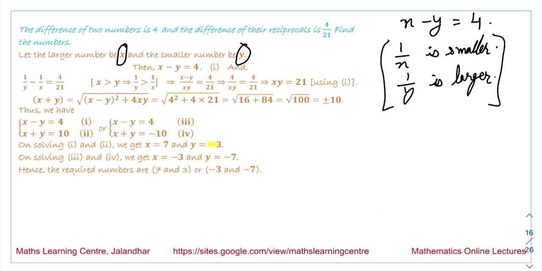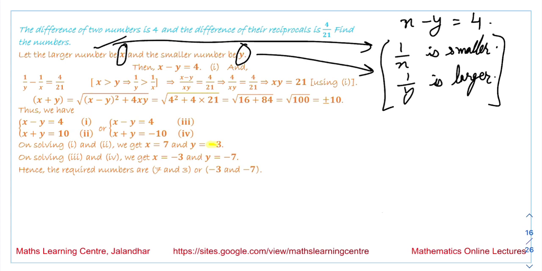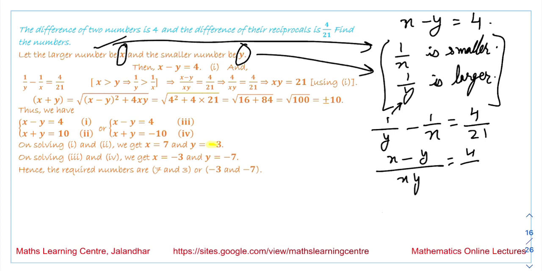So the difference of the reciprocals, 1 by y minus 1 by x, because this is now the larger number, is given to be 4 by 21. It means (x minus y) by xy is equal to 4 by 21, that is 4 by xy. So the value of xy we get is equal to 21.